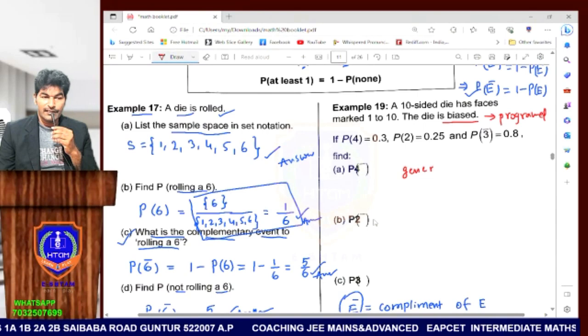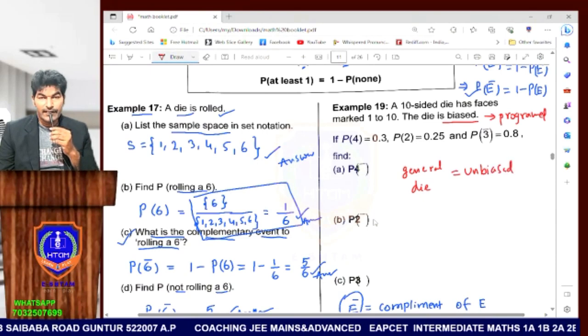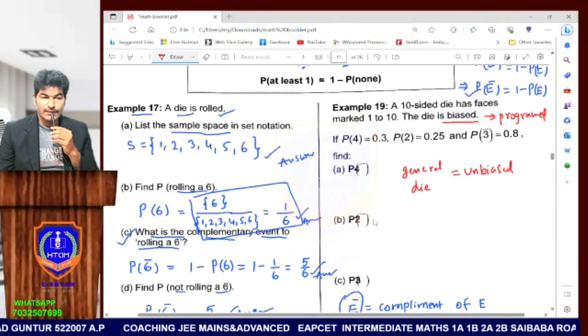A general die he mentions as unbiased. Remember these words. Unbiased means what we use in our daily life. Biased means its probabilities are different. According to the question, we have to create the probabilities respectively. It's not a general case.